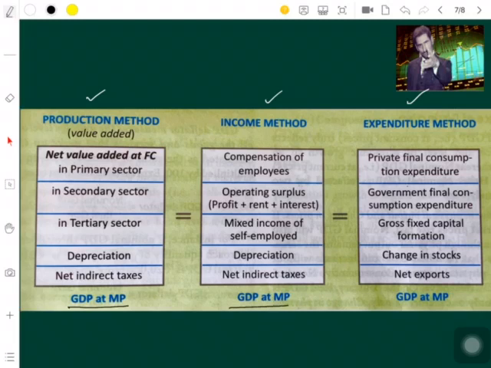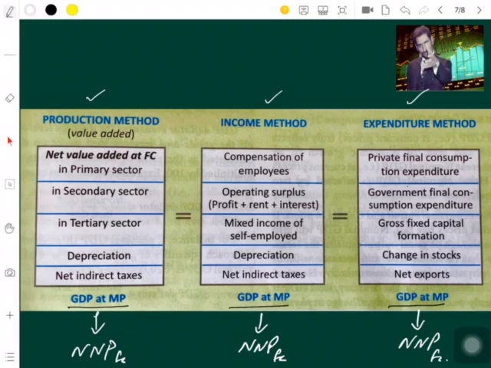That is what the expenditure method is all about. So from GDP at MP you can reach to NNP at FC, that is national income. That is what we were doing.